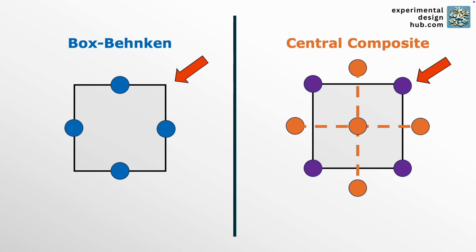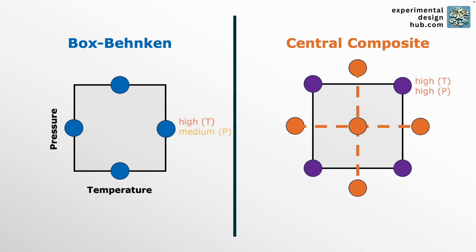Both can be good if you're worried about pushing your process to dangerous limits. Like in a chemical reaction, let's say you are worried that your experiment can go over the roof if you are testing the high temperature and high pressure setting at the same time. So you're able to kind of run your experiment in a safe operating zone.